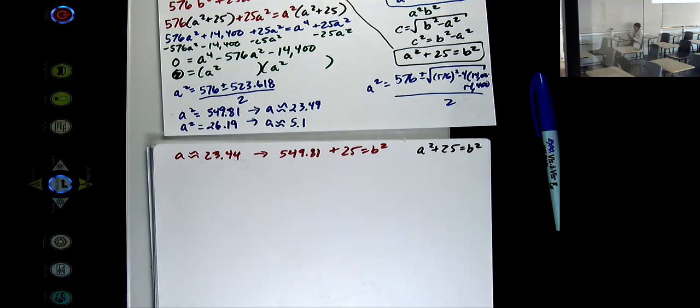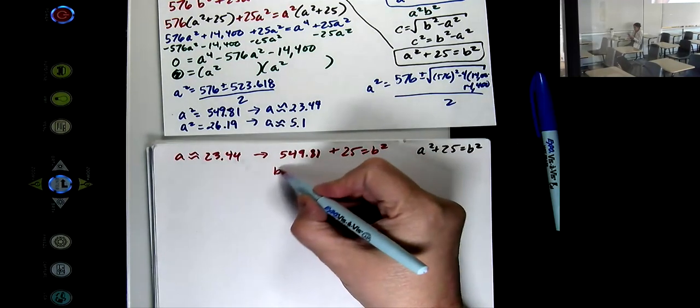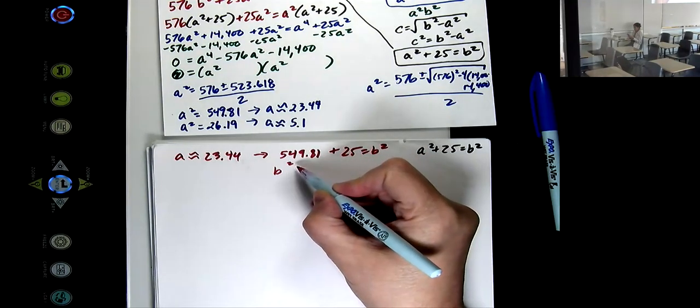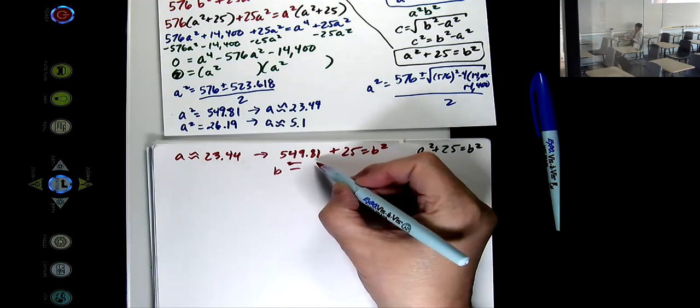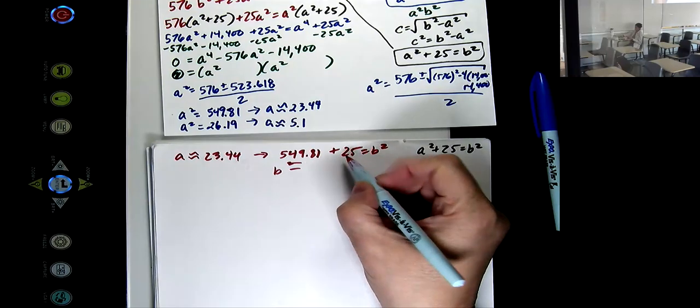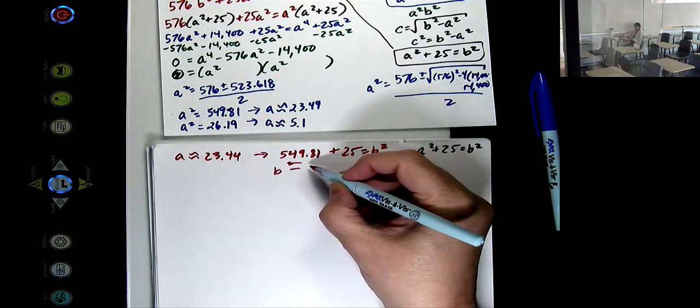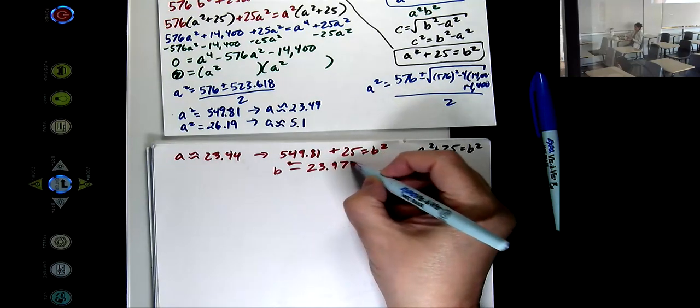When I add those up and take the square root, I got B equals 23.975.